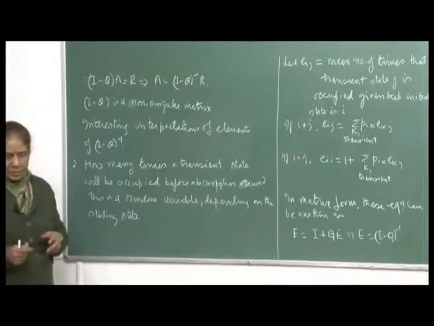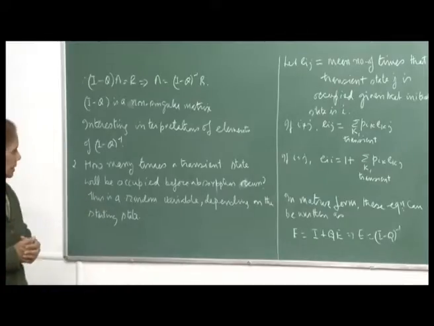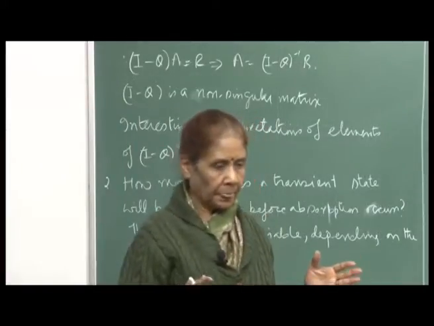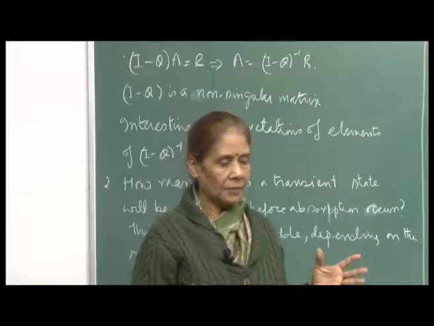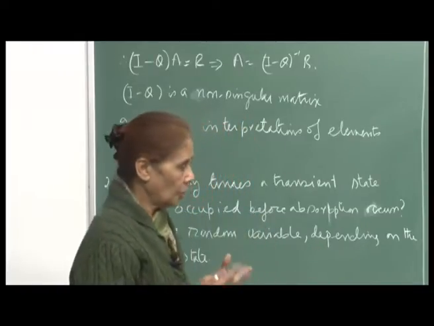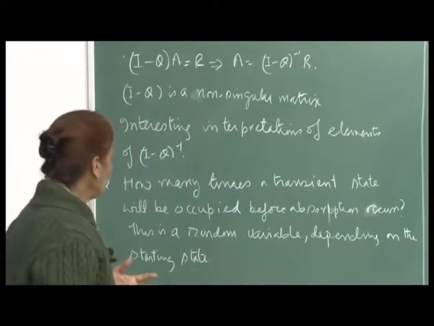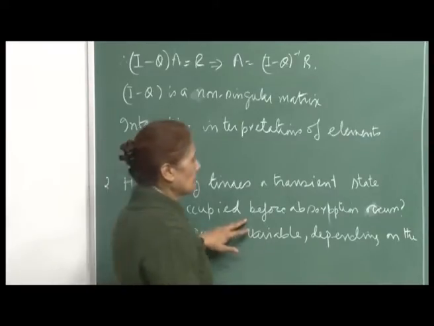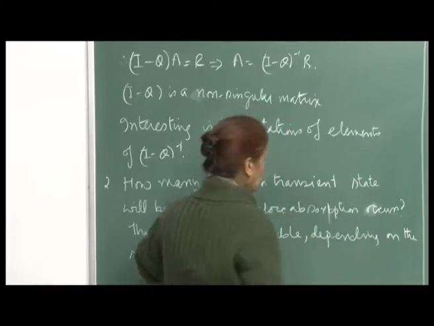Because you are talking of a reducible Markov chain, you want to know how many transitions on the average will continue before absorption occurs and the system stops.